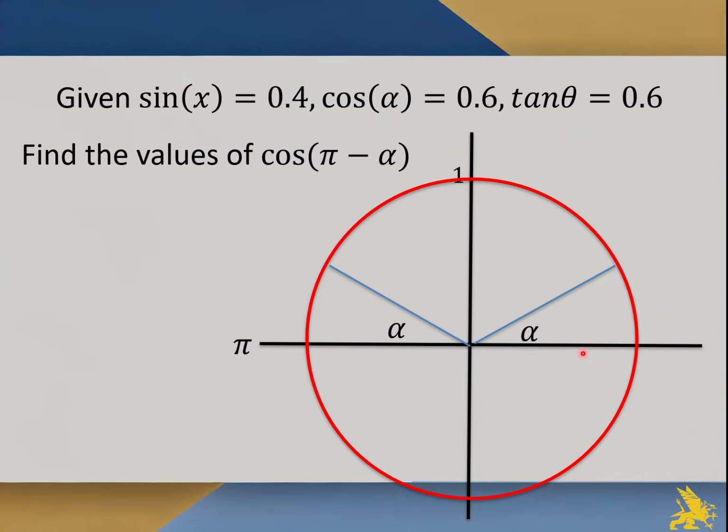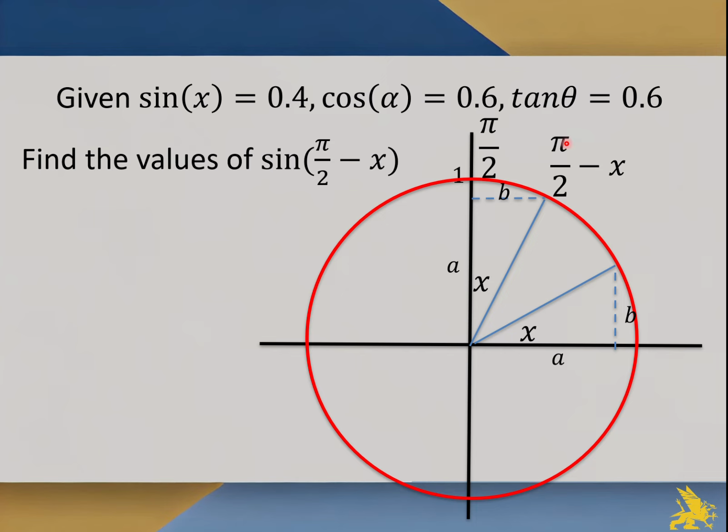On the unit circle, we're dealing with pi, and we're minusing alpha here. So we know this here is 0.6. In this quadrant, we know cosine is negative, so it'll be negative 0.6.